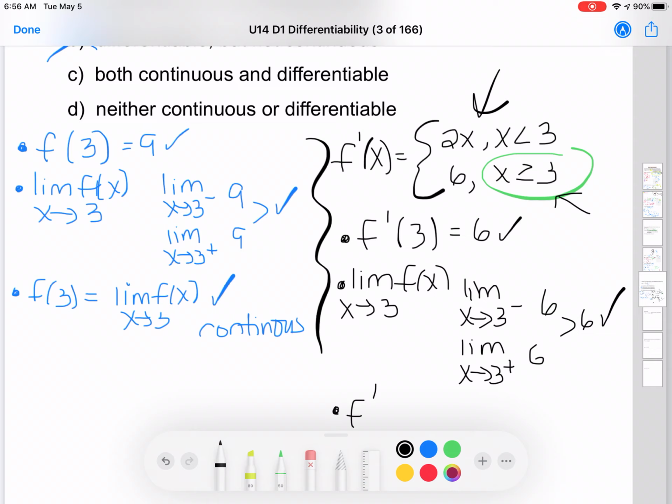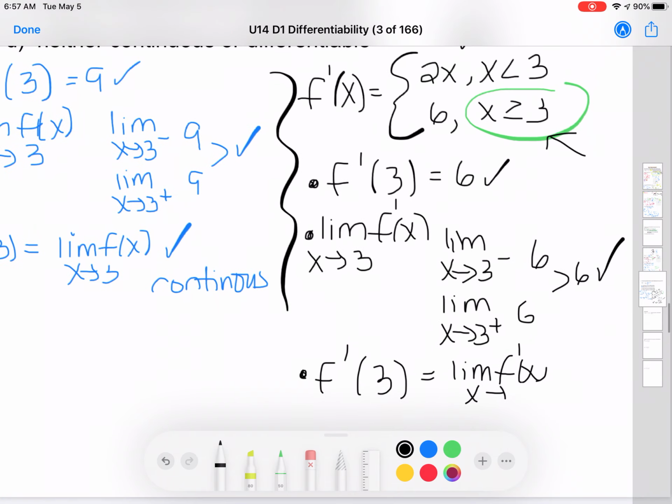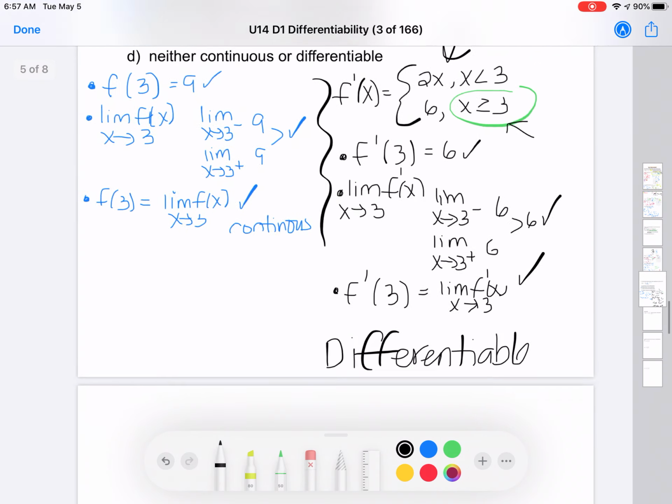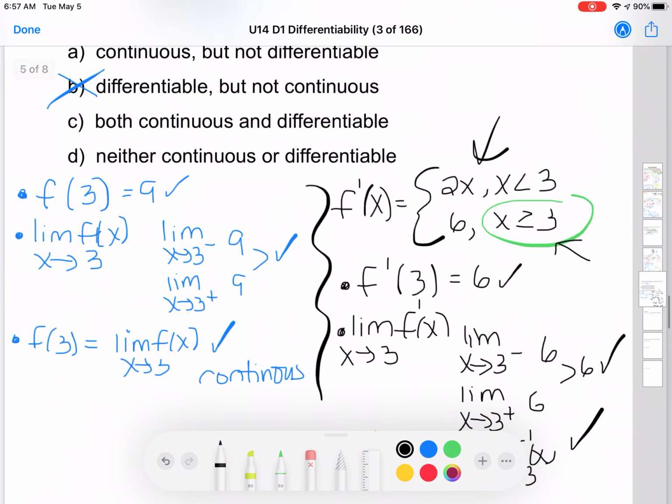The function value does equal the limit. So therefore this guy is differentiable. Okay, so it was continuous, it was differentiable, so my answer is choice C.